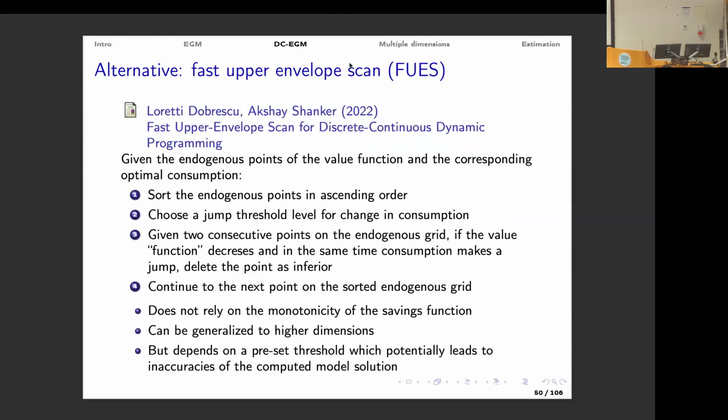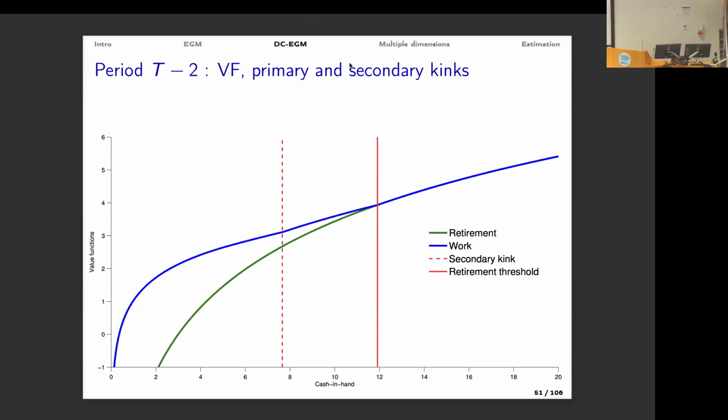Okay, so let me skip that and talk about this. The big picture: if we have discrete choice, the choice between retirement and work, there is going to be what we call a refinement threshold. The primary kink over here is the kink that comes about because there is a switch between discrete options.